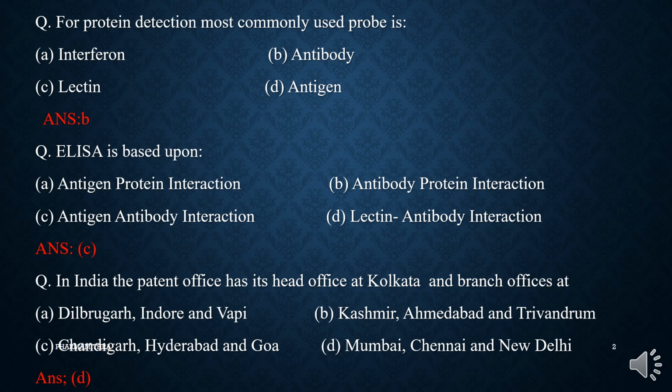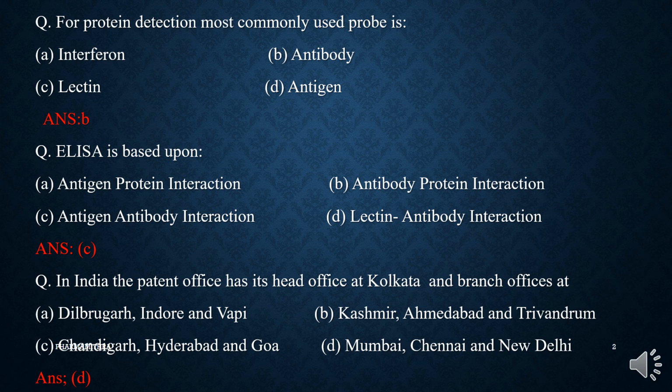So first of all, I think we may go through some of the questions that may be asked in GPAT 2019. The first question is: for protein detection, the most commonly used probe is. This is from the pharmaceutical microbiology part. For protein detection we know that different things are used.